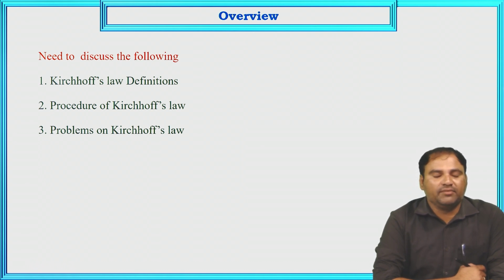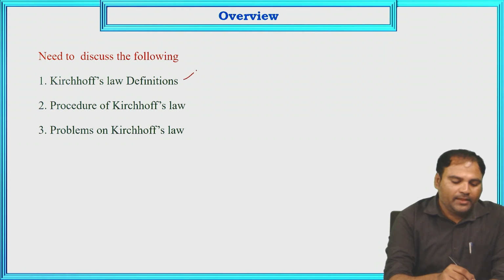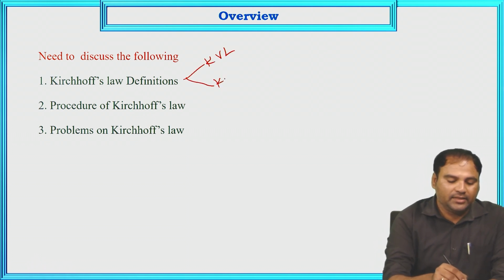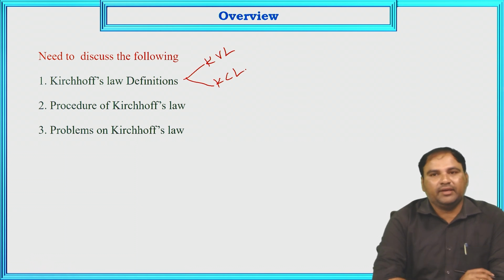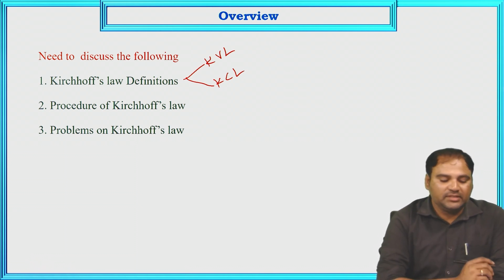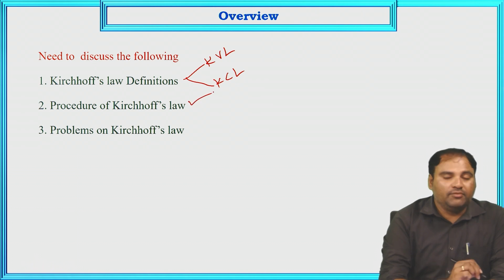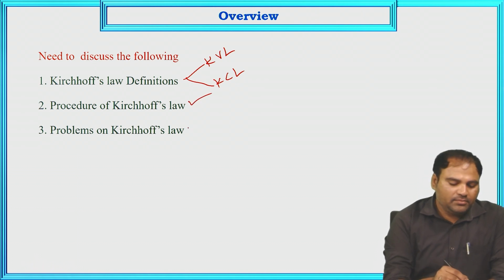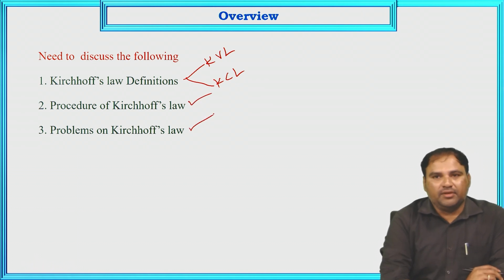The Kirchhoff laws are classified into two types. The first one is Kirchhoff voltage law and the second one is Kirchhoff current law. So KVL and KCL. We'll discuss the procedure and some problems on the Kirchhoff laws in today's video lecture.